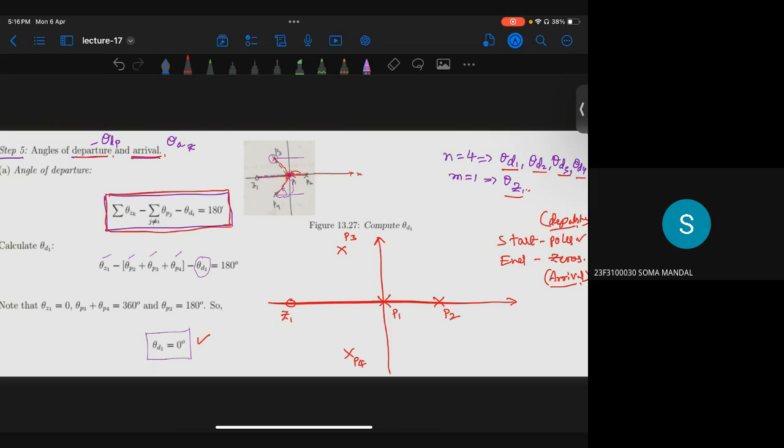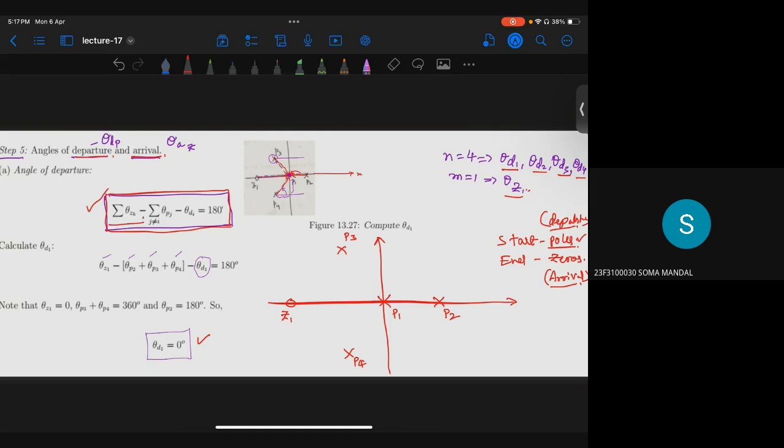Now we are interested in calculating the angle of departure. Angle of departure means the root locus is starting at the poles. With which angle does it start? That is the question. We use this formula. You can refer to the professor's videos for how this formula came, but we are using it directly. In this formula, you can see the summation of theta zk.